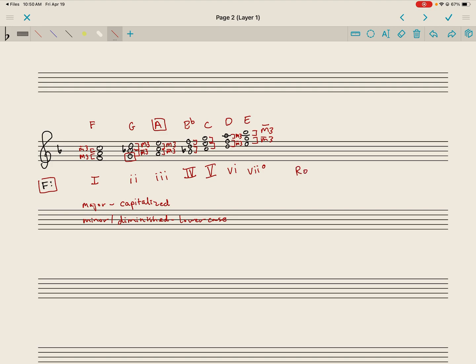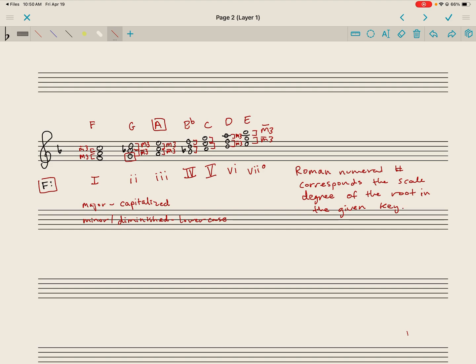When you're looking at these Roman numerals, the Roman numeral number corresponds to the scale degree of the root in the given key.